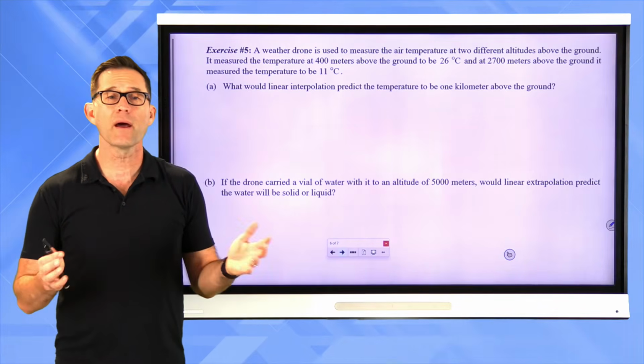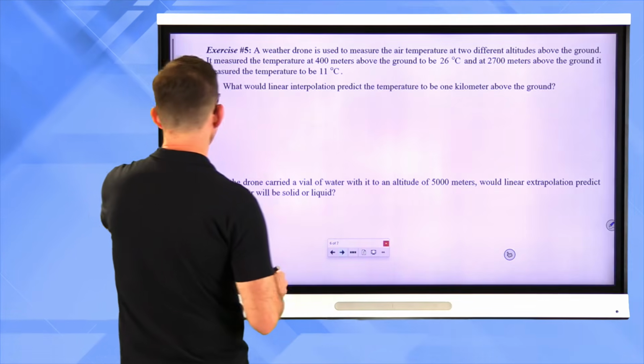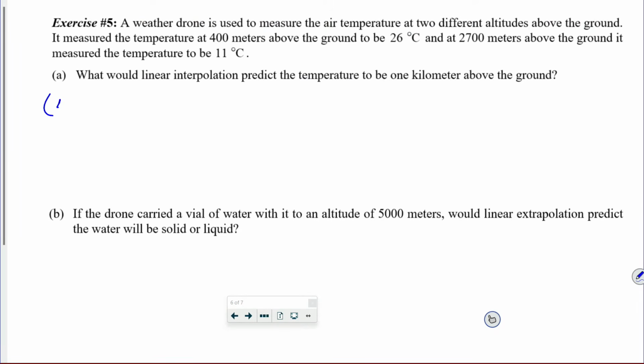All right, well again, I want to lay all of this out in terms of coordinate points. So we know that at 400 meters, we are at 26, and at 2,700 meters, we are at only 11. All right, so the change in Celsius temperature above the change in height, let's do it like that, right?